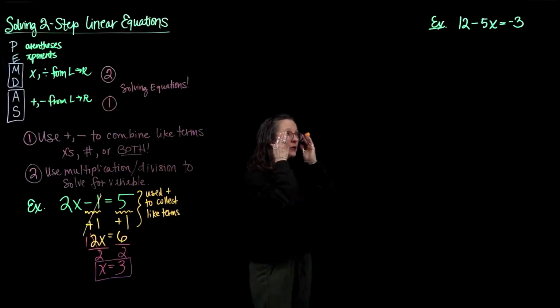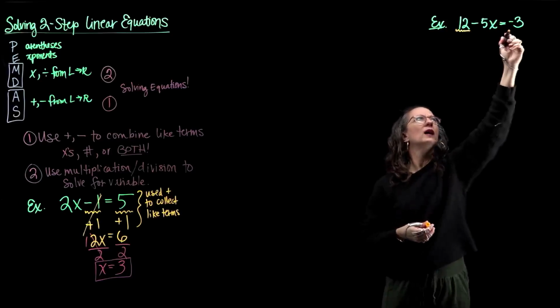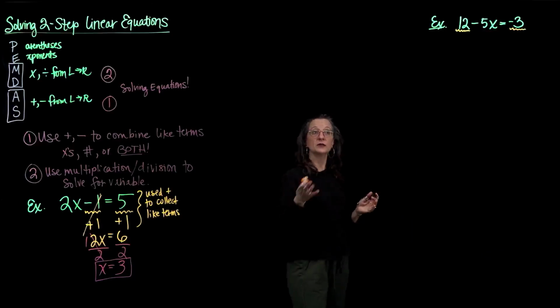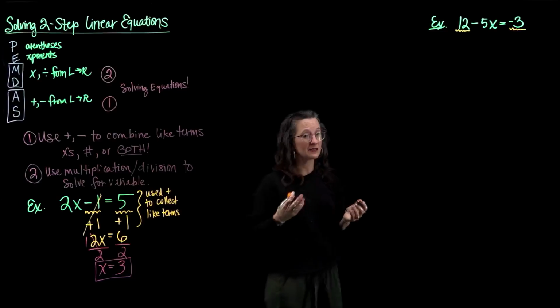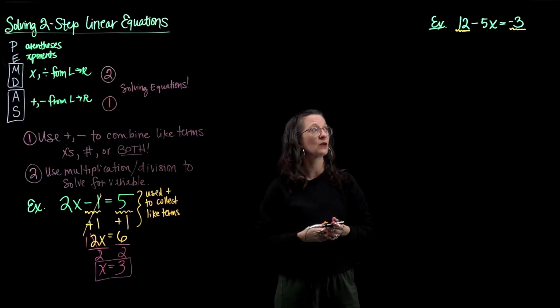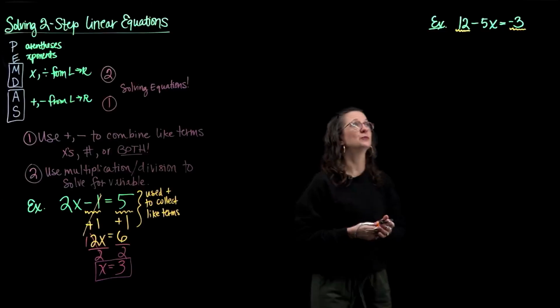So the first thing I want to do is notice, well, I have a 12 and a negative 3. Those are like terms. That negative 5x is not like, so we can't combine the negative 5x with those, but we could combine those numbers together. And to do that, I'm going to need to use addition and subtraction.